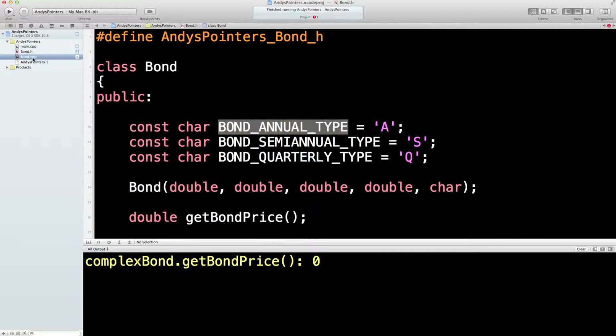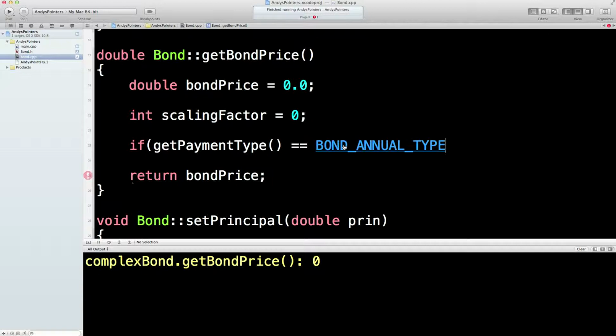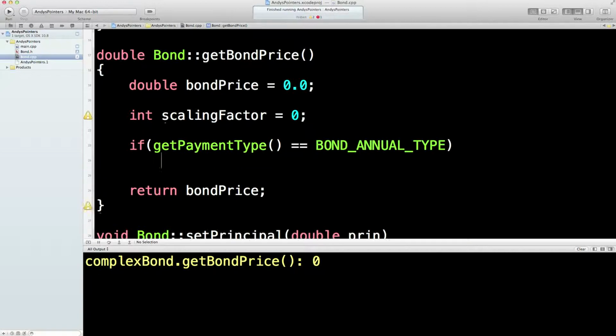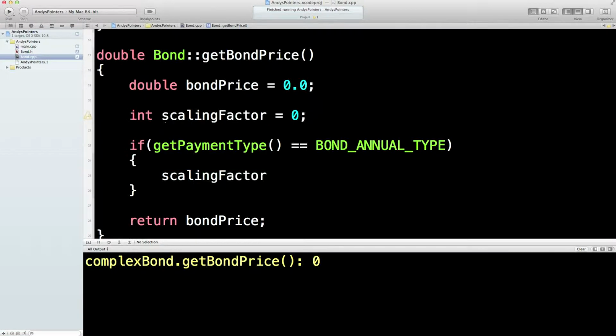And if it is, then set the scaling factor to 1, because it's an annually paying bond. So is it equal to that, which is an A? If it is, set the scaling factor, which I've just set up, to be equal to 1. I know that's more hard coding. Those who are keen can, for homework, figure out how to have that not be a 1. So that's a nice little bit of homework for you later.